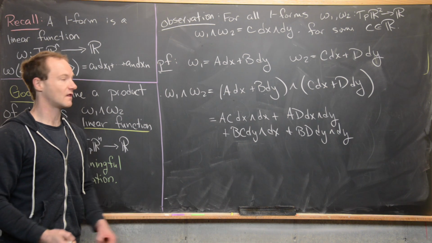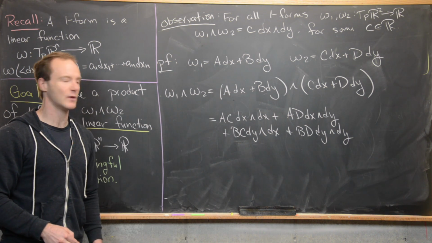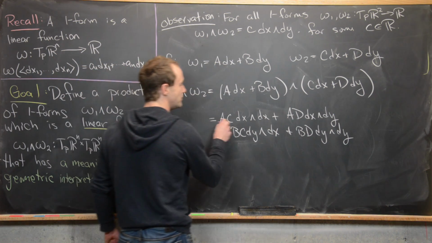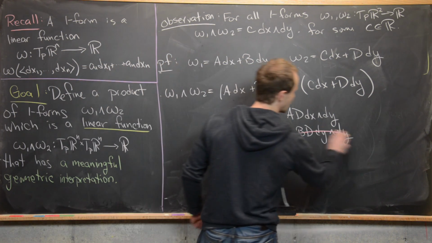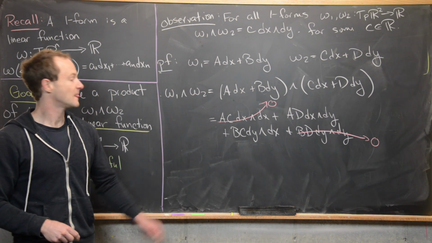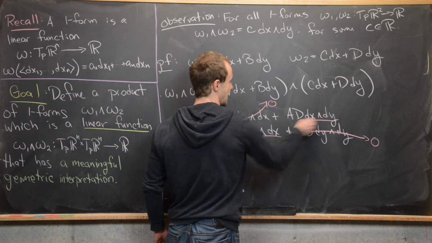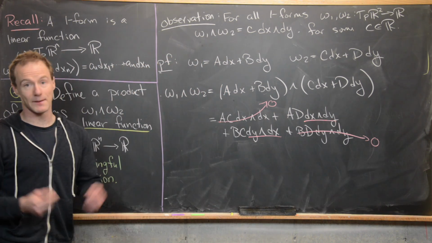But then from our last observation, we know that dx wedge dx and dy wedge dy are both 0 because those are just very special cases of a one form wedge itself. And then we know that dy wedge dx and dx wedge dy are just opposites of each other.